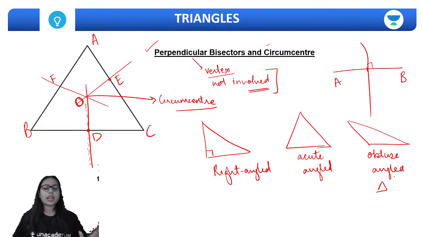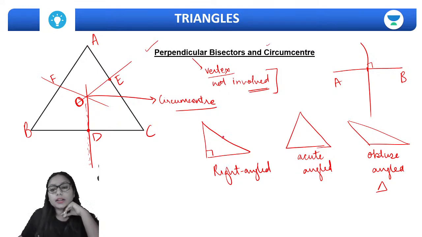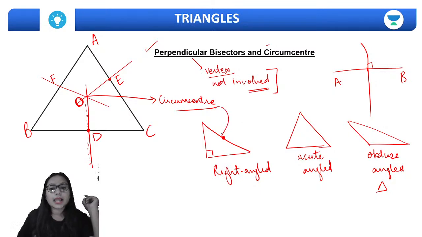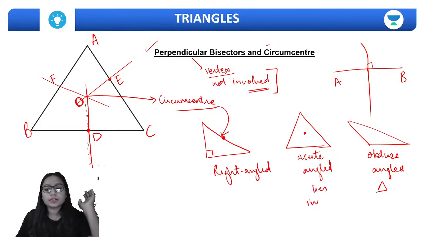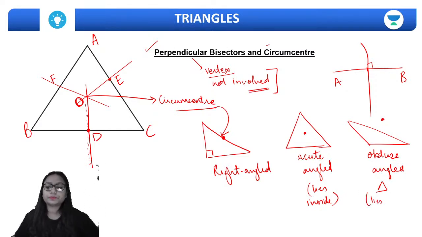These are the three triangles I have taken. In a right angle triangle, the circumcenter lies on the hypotenuse. In an acute angle triangle, the circumcenter lies inside. And in an obtuse angle triangle, the circumcenter lies outside.